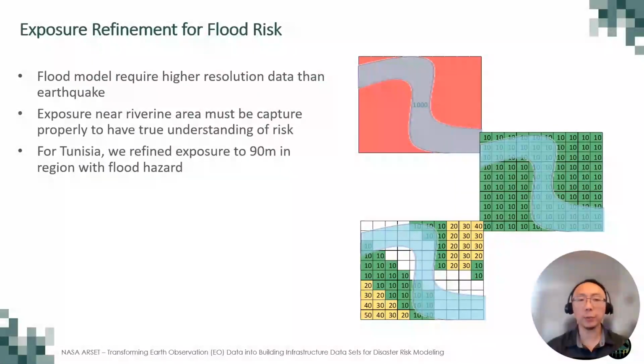We also did the exposure refinement for some areas. And this is to better characterize the flooding. So the original grid, remember, was close to a half kilometer, which is adequate for earthquake analysis, but this is too coarse for flood modeling, especially because we had flood data at much higher resolution.